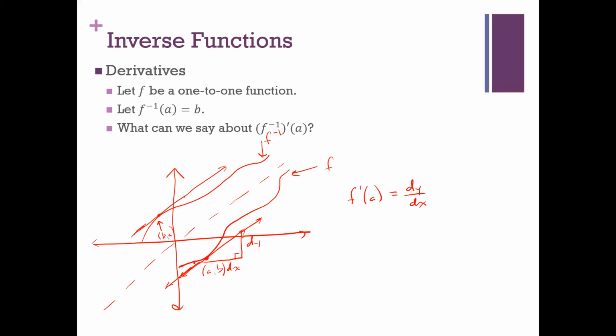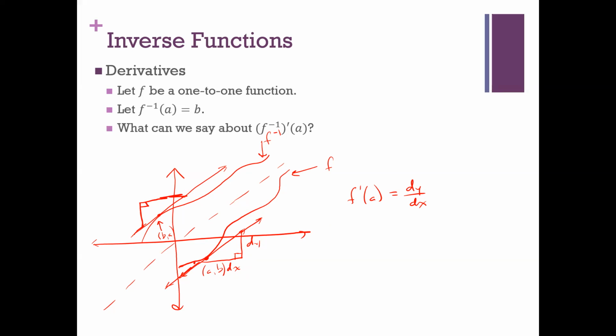So if we think about the way that inverse functions treat their domains and their ranges, and I know this derivative for the function f is dy/dx at that point, can I say anything about the slope on this other line over here?